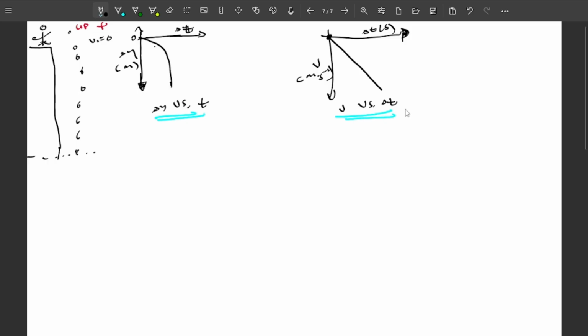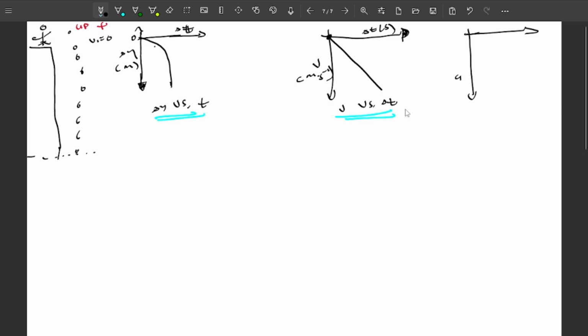So let's do the last graph here, so that we can do the other scenarios here. Good. Now we have the acceleration.